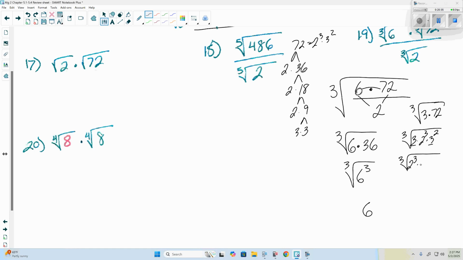Well, 3 times 3 squared is also 3 cubed, yes? Cubed root of 2 cubed is 2. Cubed root of 3 cubed is 3. What's 2 times 3? There's different ways to get there, because it's really just rearranging, working it so we have those cubes, so we get those even roots.